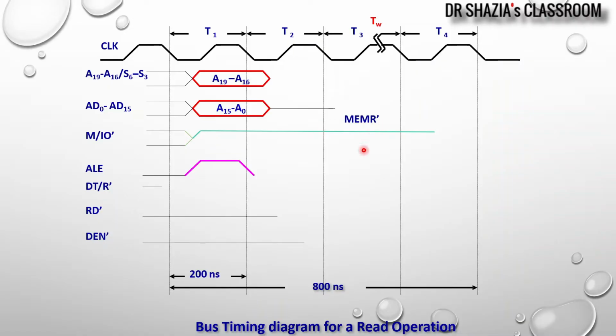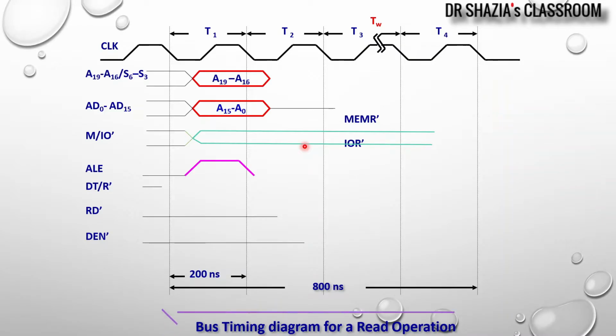As indicated here, if I am going for an IO read operation, then instead my M/IO bar should go low. That means initially it is high and it should go low for an IO read operation. So you can understand, if I have a memory read operation, I will get only the upper line. If I have an IO read operation, I will get the lower line.